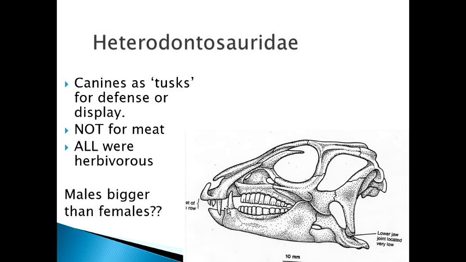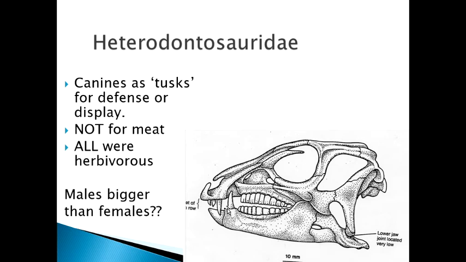Having large or enlarged canines is very good for piercing the flesh and doing that killing, but then you have a mouthful of herbivorous type teeth. So the thought is that these are not truly carnivorous, that those were more for display or for defense or some sort of intra-species conflict, and not for a carnivorous lifestyle.